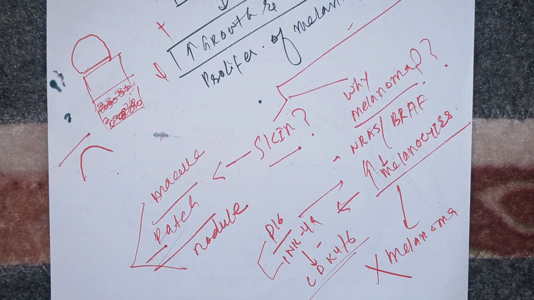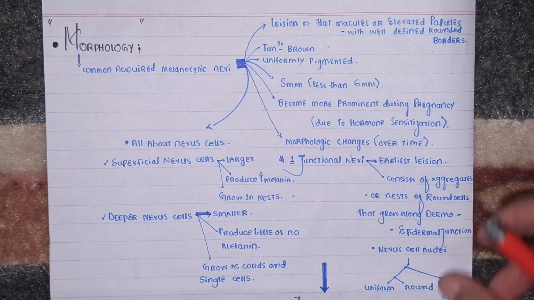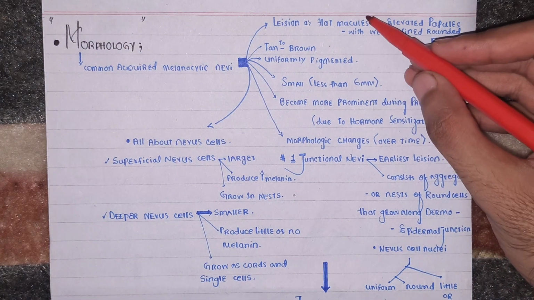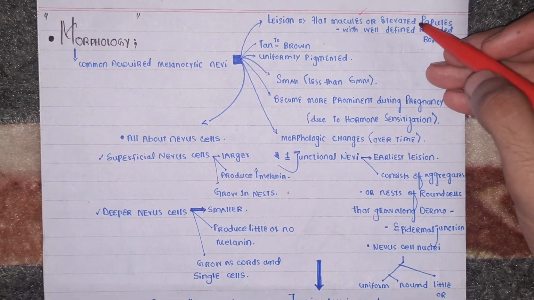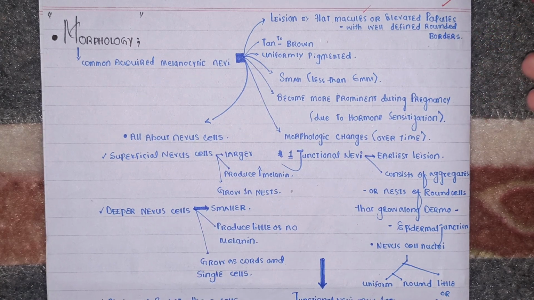Right. Now let me take you to the morphology of the melanocytic nevus. Lesions, which I told you, they may be flat macules, patches or elevated papules, or even nodules you can write here.